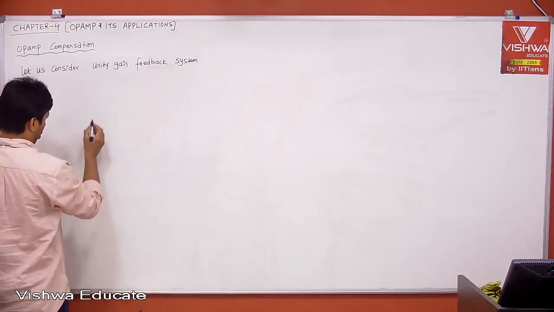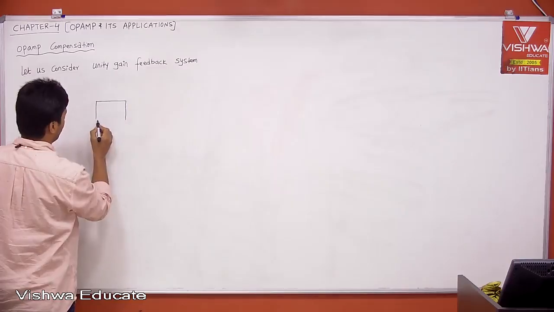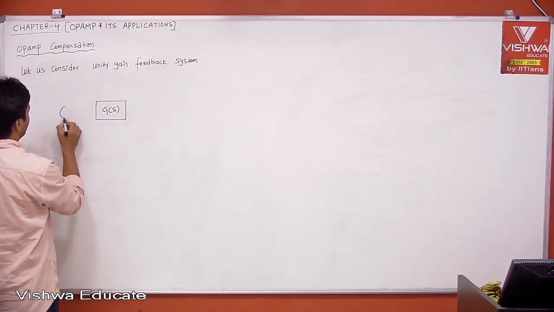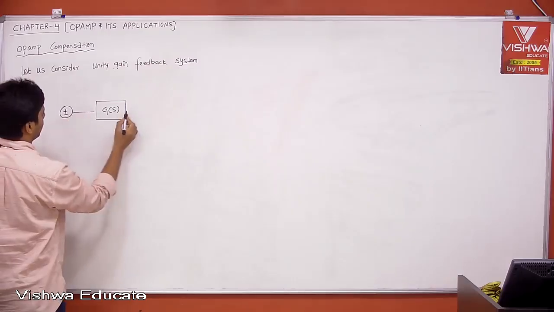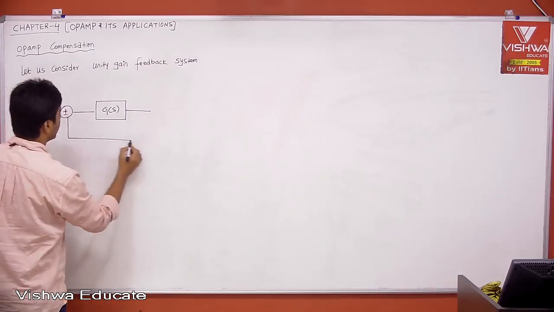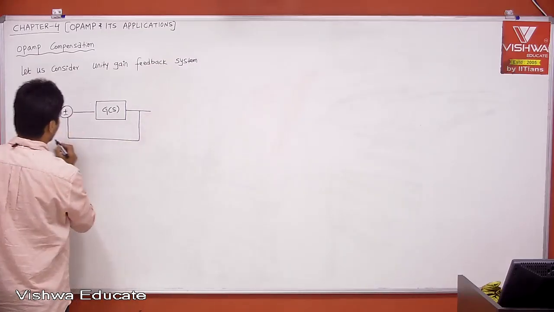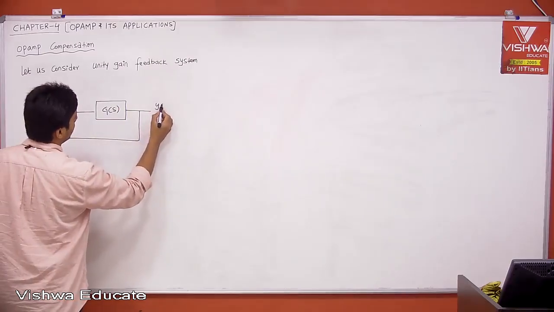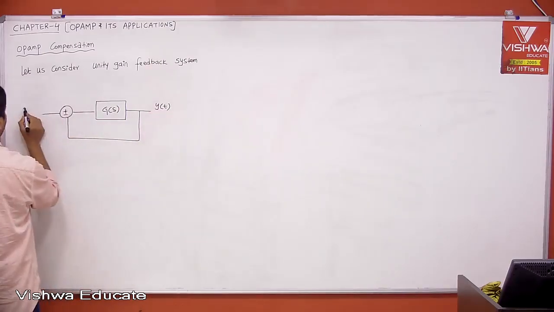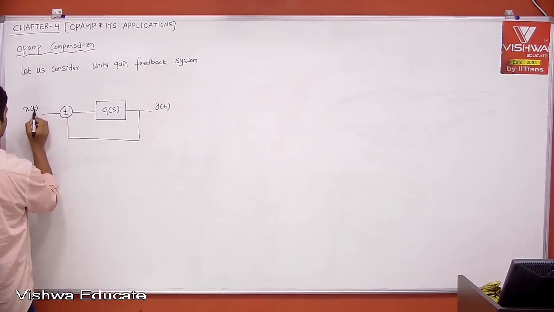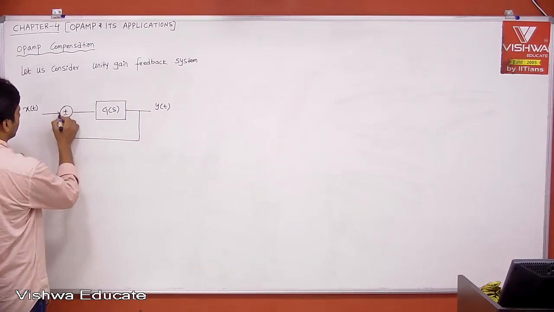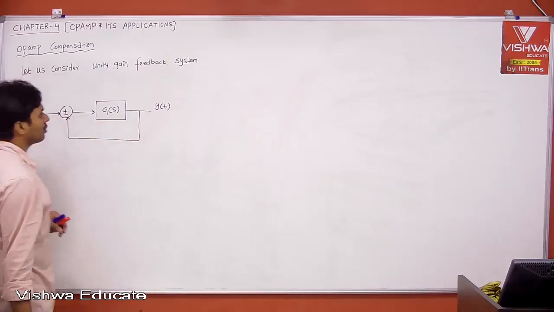What is it? Let us say this is your G of S, right? And let me take negative feedback and unity gain feedback. This is the input and this is the output. Therefore, let us say this is y of t and this is x of t. Now tell me, for the unity gain feedback system, what is your transfer function?